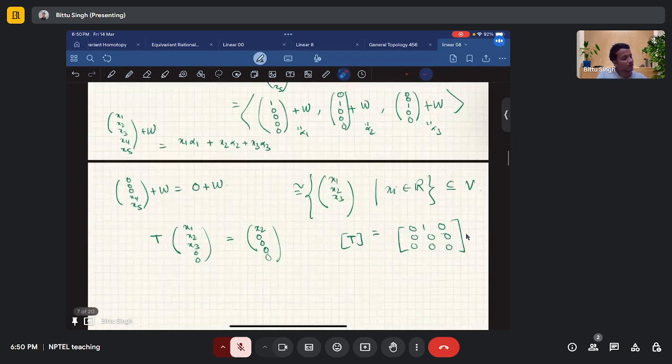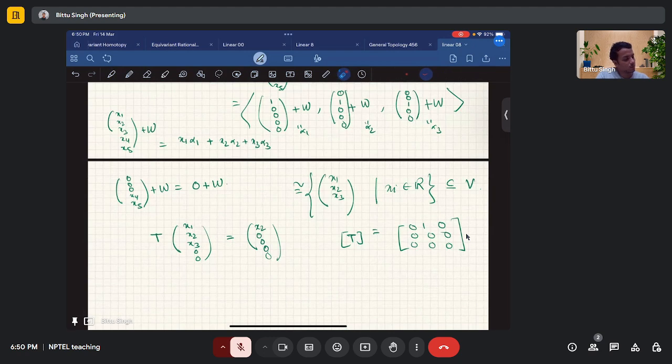Okay, so from here it is clear, T with respect to this basis B equal to alpha 1, alpha 2, alpha 3. With respect to this ordered basis, T takes this form, and therefore it is clear that T is nilpotent, because now it is clear that T square is 0.